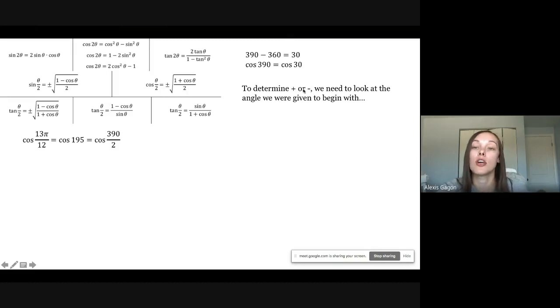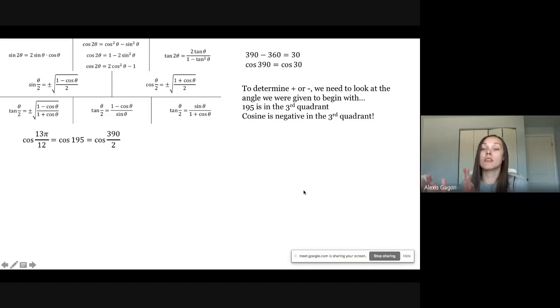And then to determine whether it's positive or negative, I think this is where a lot of people are getting confused. We need to look at the angle we were given to begin with. So we were given this 195. Well, 195 is in the third quadrant. So that means cosine is negative in the third quadrant. So I'm going to use the negative part of this plus or minus.